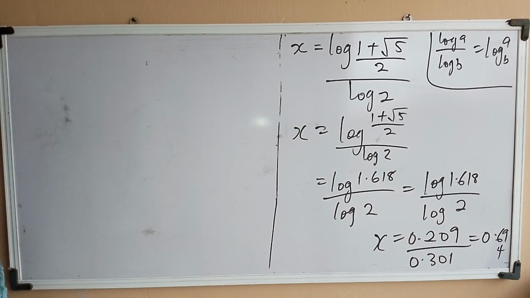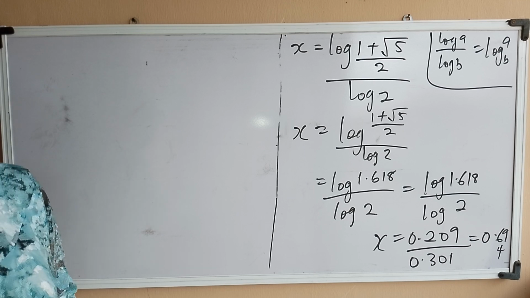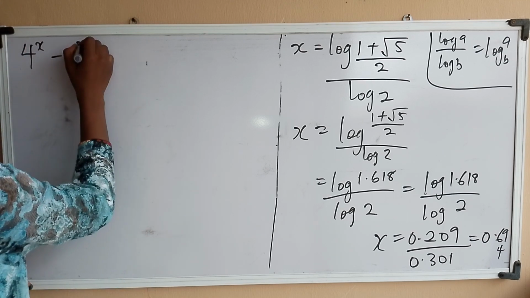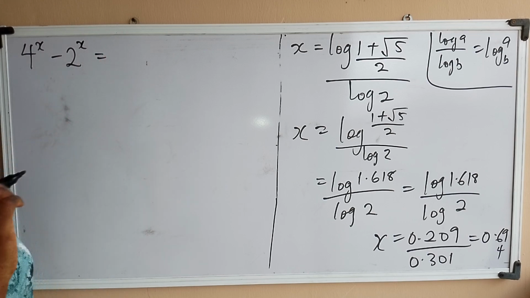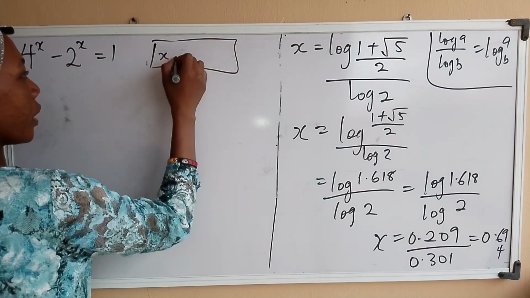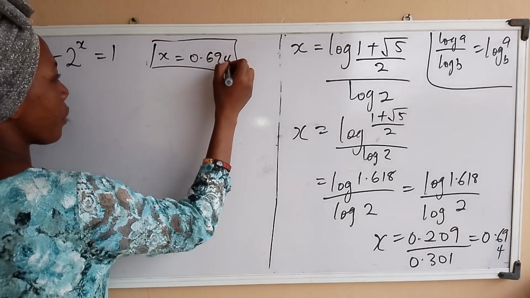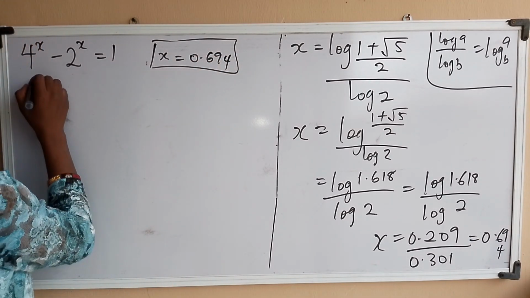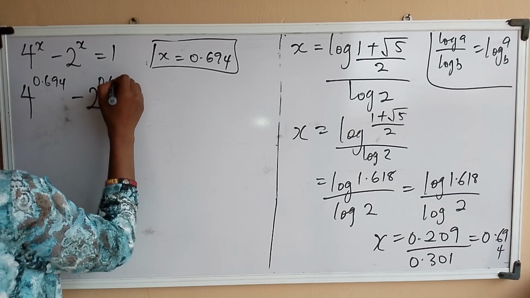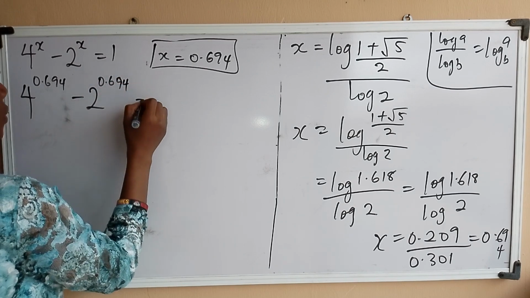So, what was the equation again? The equation is 4 to the power of x minus 2 to the power of x equals 1. So anywhere I see x, I'm going to put the value 0.694. So 4 to the power of 0.694 minus 2 to the power of 0.694 is equal to 1.